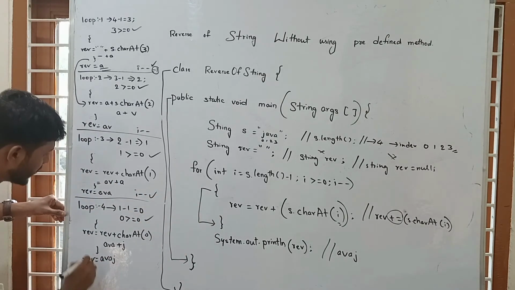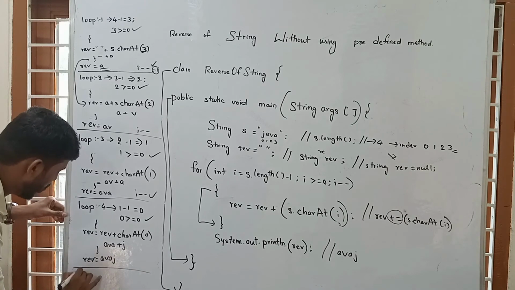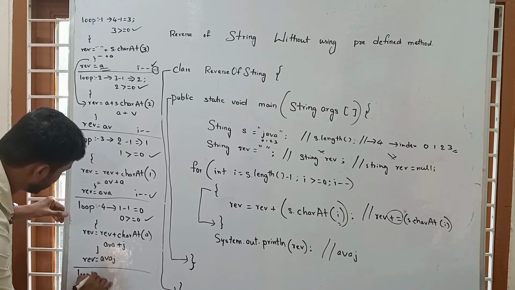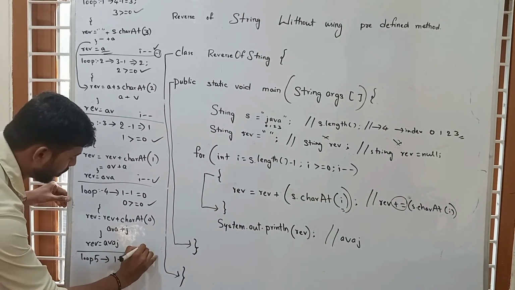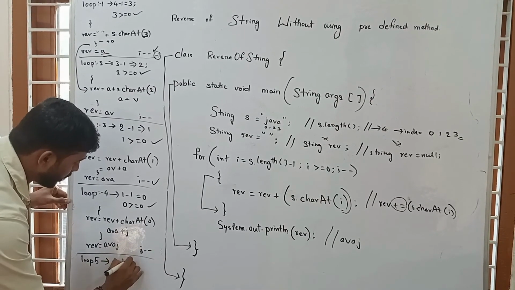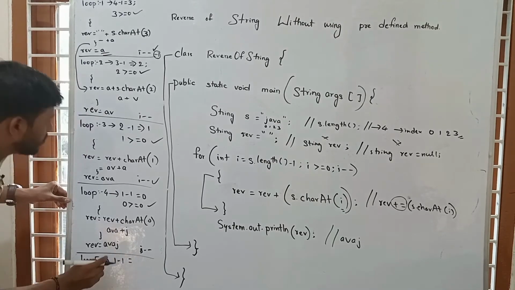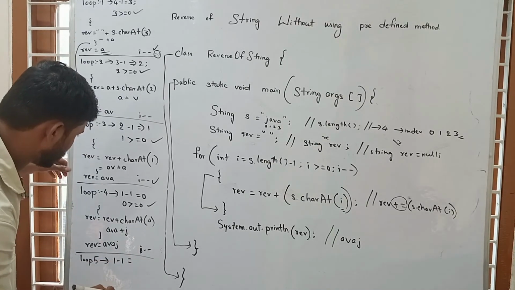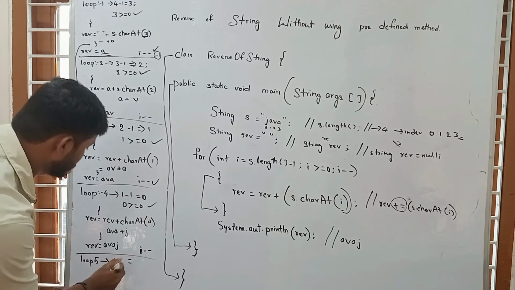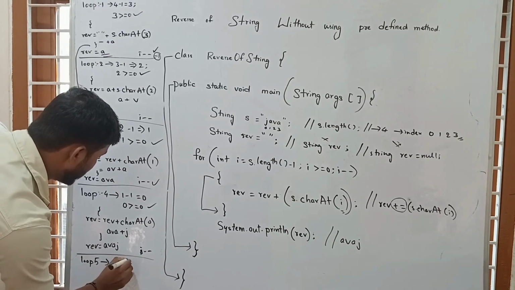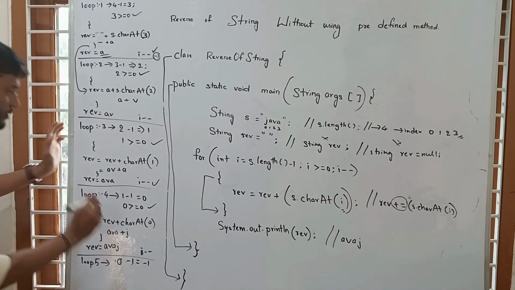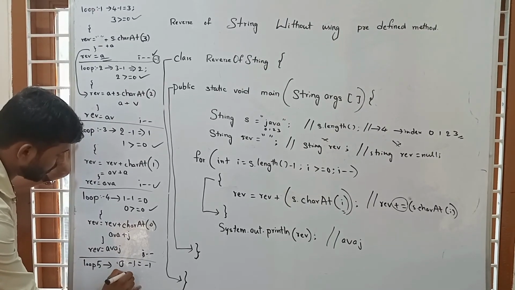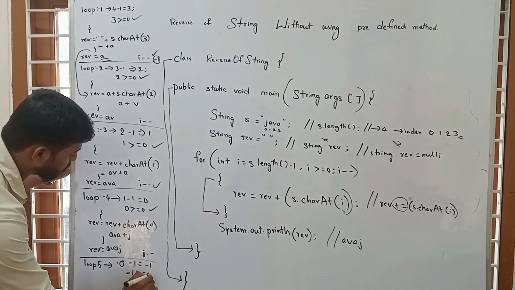And again we are seeing loop number 5. It will be coming to loop number 5. In that 5, 1 minus 1 because of i minus minus, because the i value is 0. 0 minus 1 equal to minus 1. But coming to the condition, minus 1 is greater than or equal to 0?